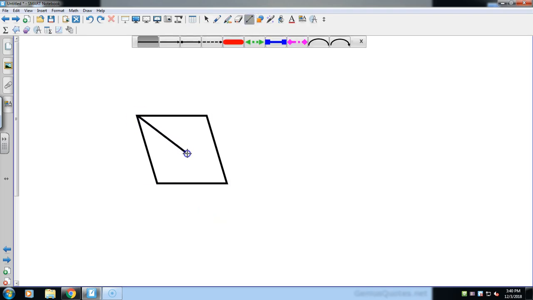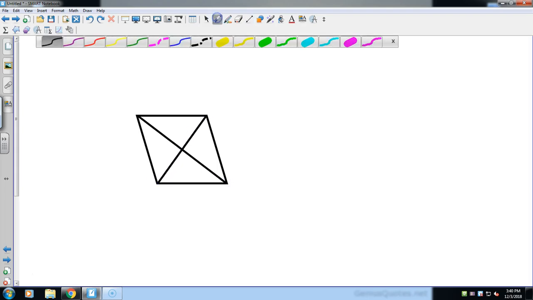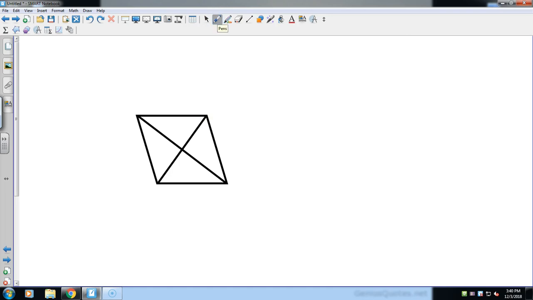And I'm going to draw some diagonals, which probably right now you're drawing diagonals as well. And let me label a couple of things. We're going to call this angle 1, angle 2, 3, and 4.